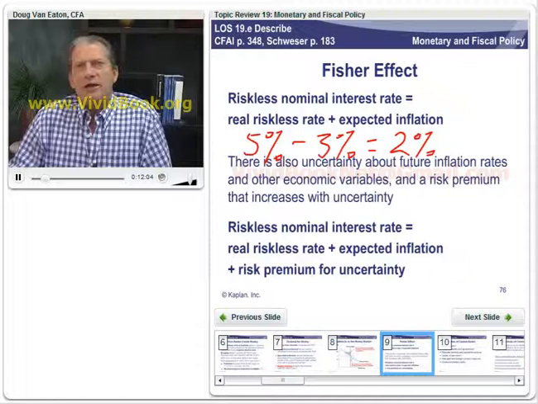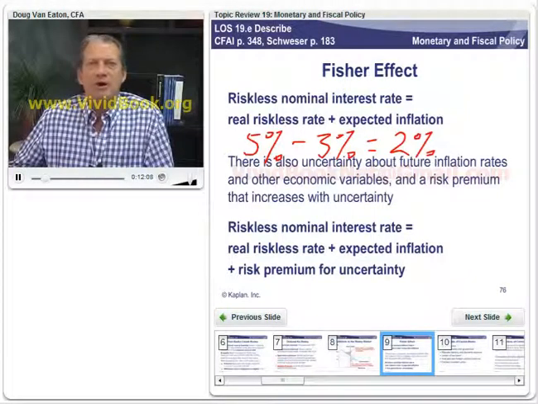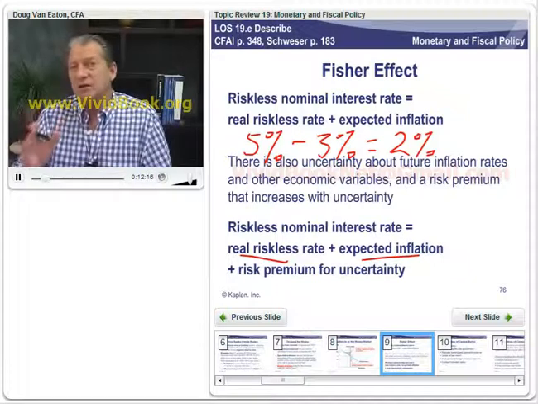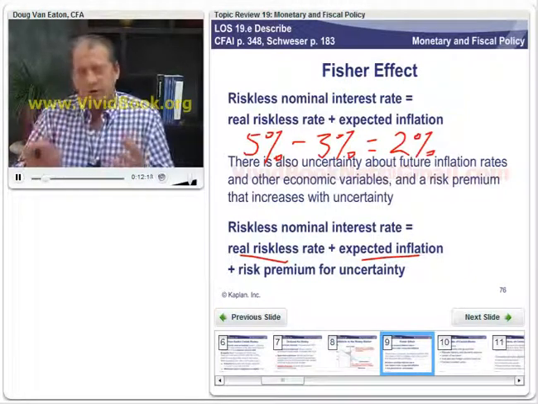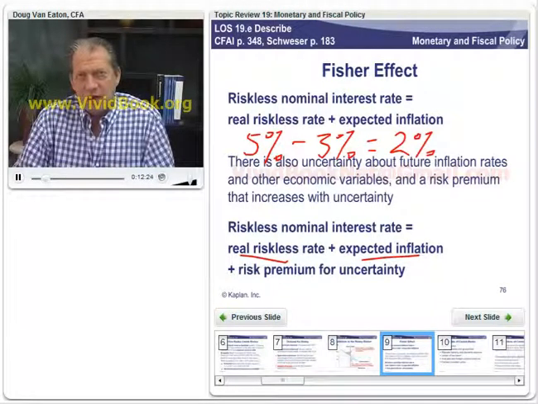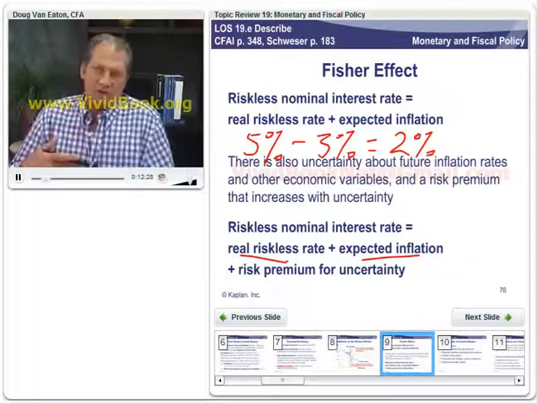So we can modify this Fisher effect to say, well, the riskless nominal rate has three components: the real riskless rate and expected inflation. Now, if expected inflation were known with certainty, then this first Fisher effect equation would hold. But if there's uncertainty about inflation, then that puts another risk, right?